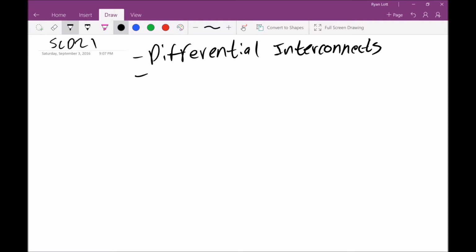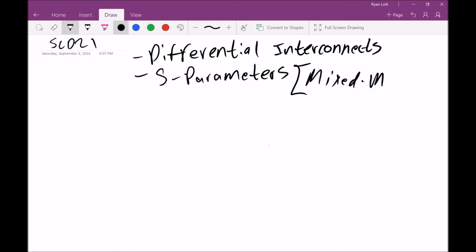And also S parameters, and more specifically, mixed mode S parameters. If you don't know anything about these, I would definitely recommend going onto a website such as keysite.com. They have tons of white papers on this.